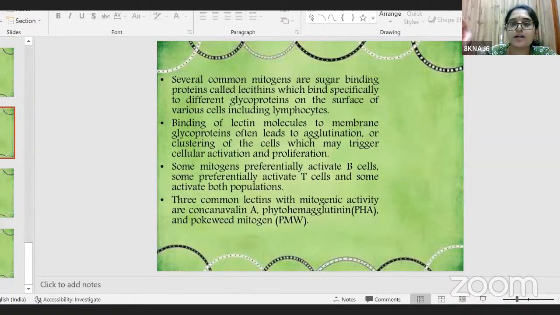Then non-microbial antigens: snake venoms, mosquito bite, pollen grain, milk, serum proteins, and some of the food proteins all act as antigens. Antibody molecules, if they enter the bloodstream of a different entity, also act as antigens.